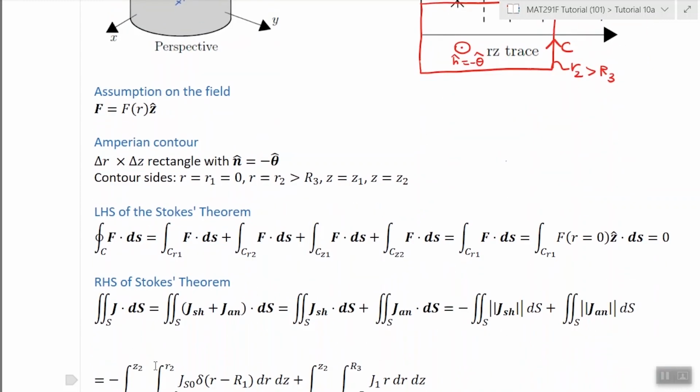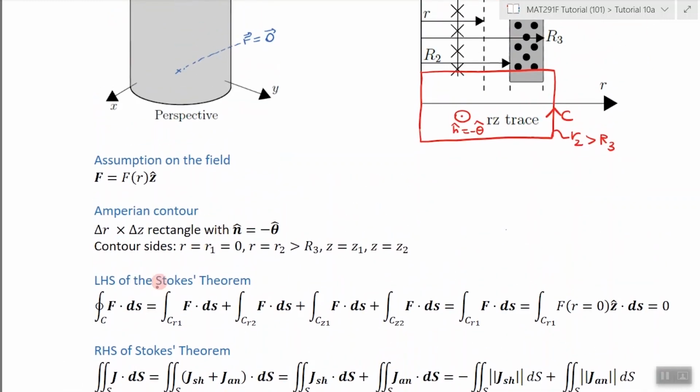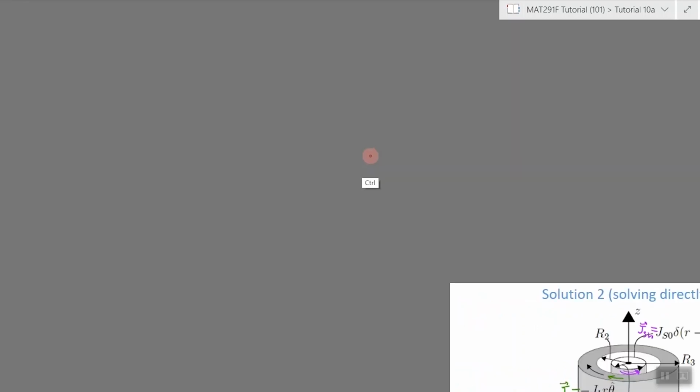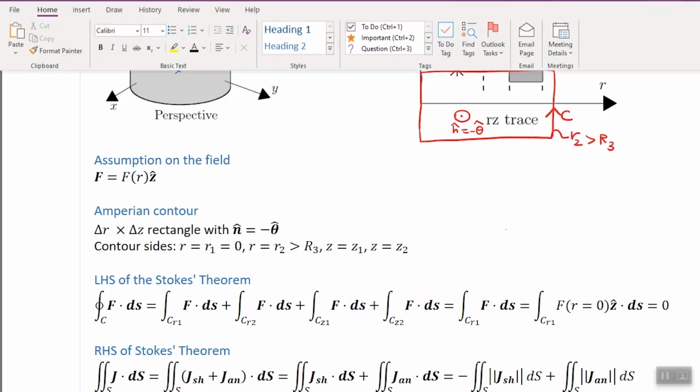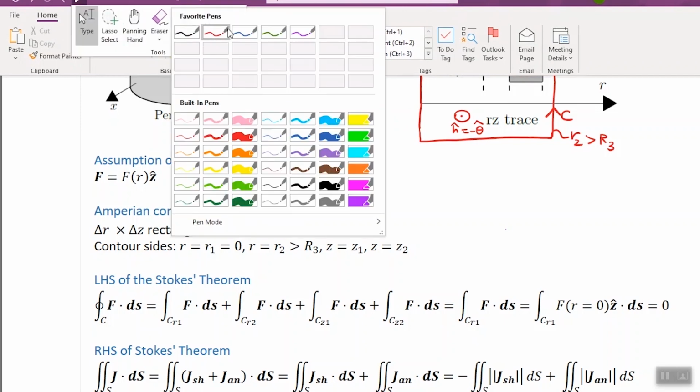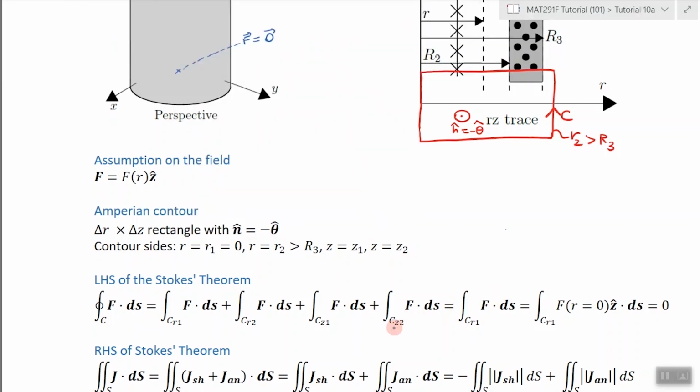Again, applying Stokes' theorem, finding the left-hand side of Stokes' theorem, we get 4 contours, and then these 2 contours will give us 0. And actually, this guy gives us 0 as well, because we chose R2 greater than R3.